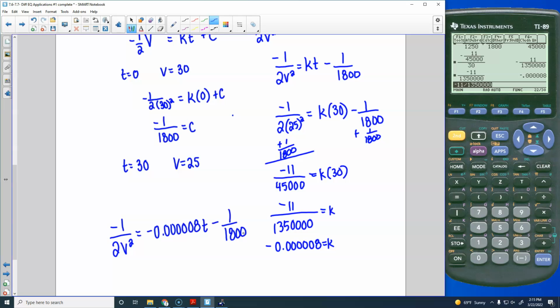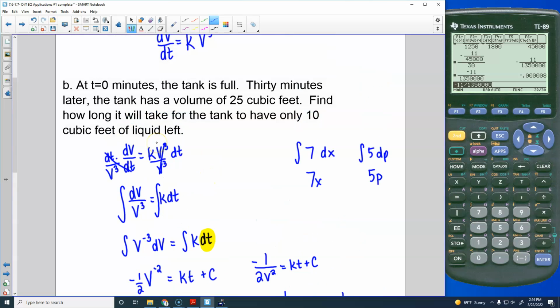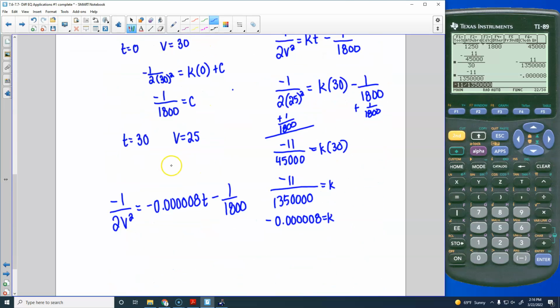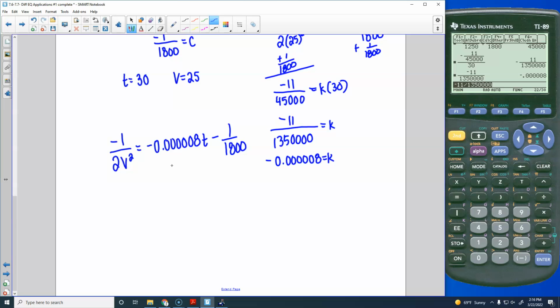Whew. Alright, we're almost there. We're wanting to know when there are 10 cubic feet left. So we're wanting to know the time when our volume is 10. So we're almost there.